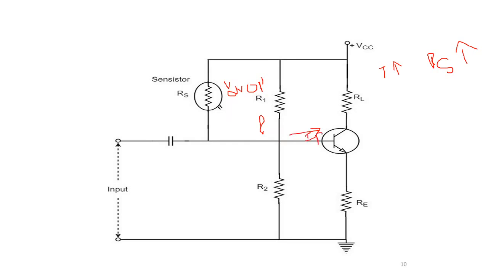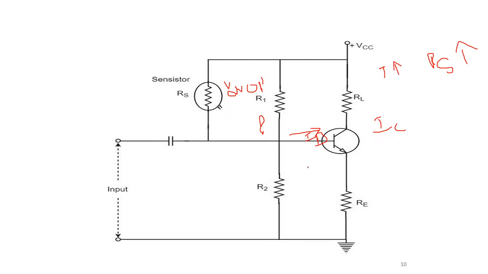So whenever IB is less, indirectly IC is going to be reduced. Whatever the increase in the reverse saturation current ICO, the same compensation we are going to get through the sensistor resistor.